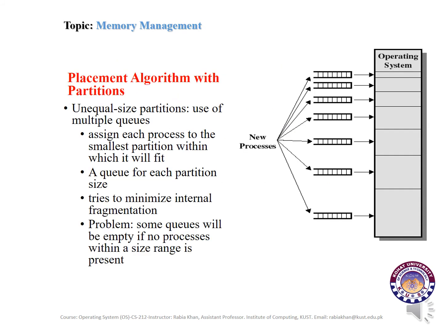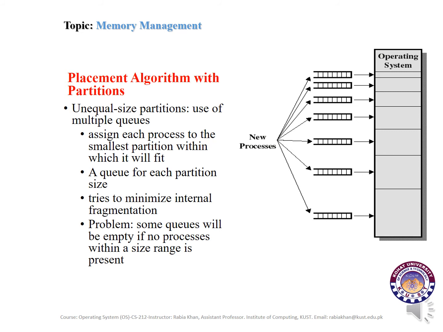For unequal size partitions, there are two placement strategies. One is the use of multiple queues. For every size of partition, a queue is made that holds processes equal to or less in size than the partition.